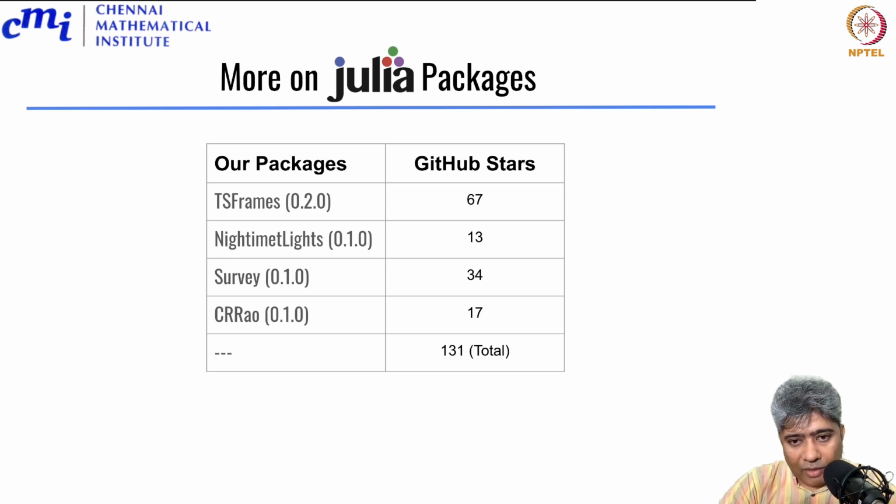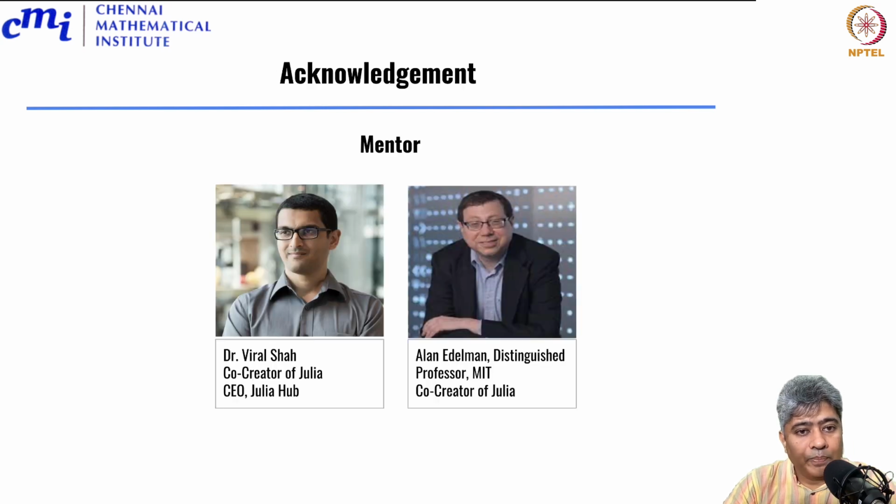It is a very beautiful package. Our GitHub stars are right now around 130, but I am hoping that it will go up soon. Please support us. Click the star button and support us on GitHub.